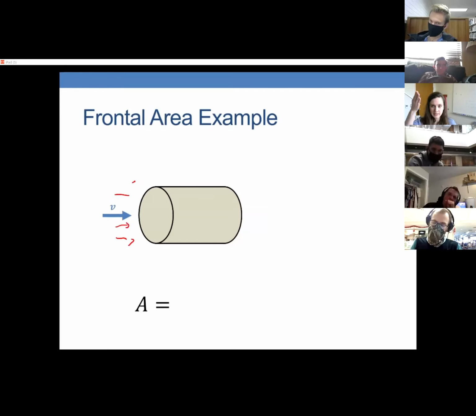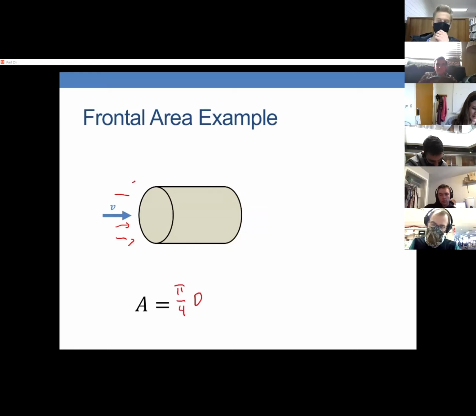Frontal area, the area facing the flow. That would just be pi r squared, right? I always do things in terms of diameter because we're in fluid mechanics and you have pipes, and those are always diameter. But yes, pi r squared.